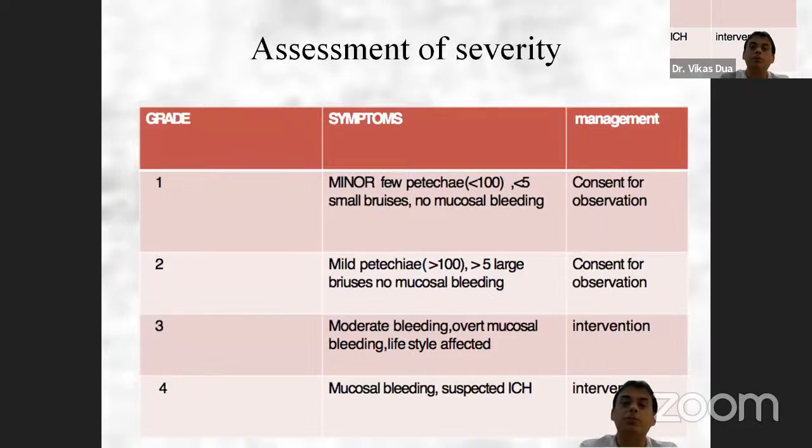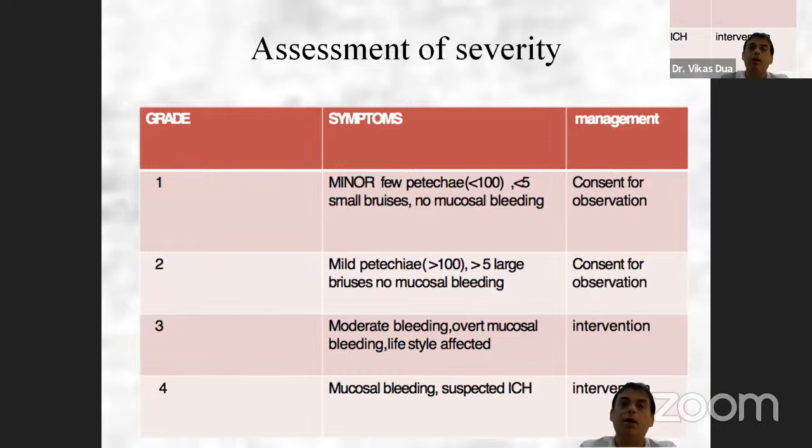If you see petechial spots in the mouth, wet purpura, these patients also warrant therapy. For the other patients, grade 1 and grade 2 skin bleeds, you can discuss in detail with the family, and you can always take a consent for observation, but that has to be decided on a case-to-case basis.